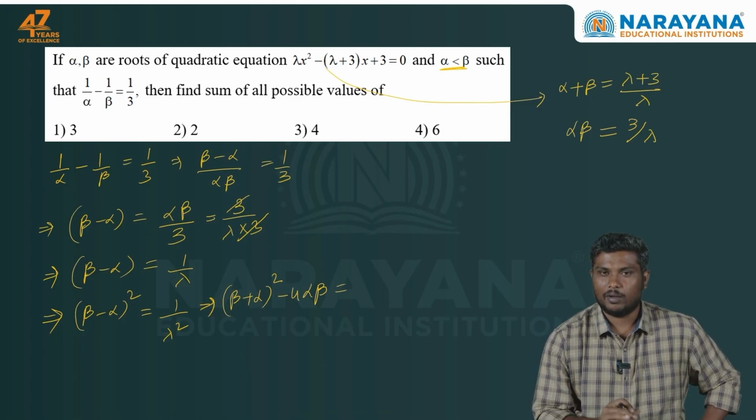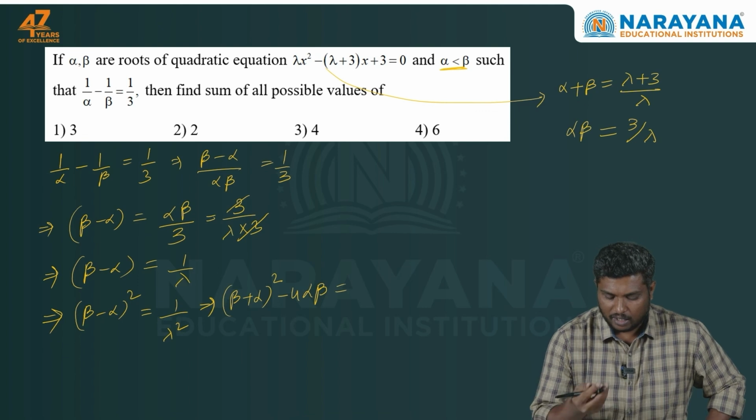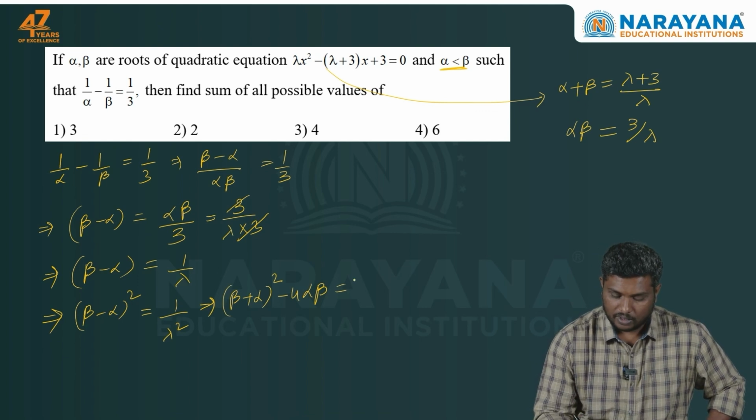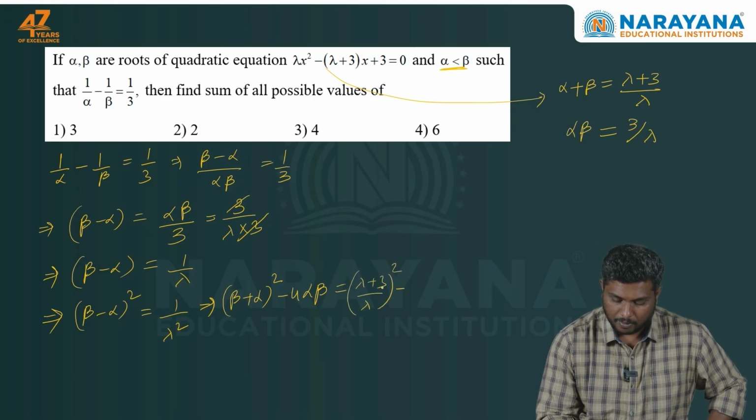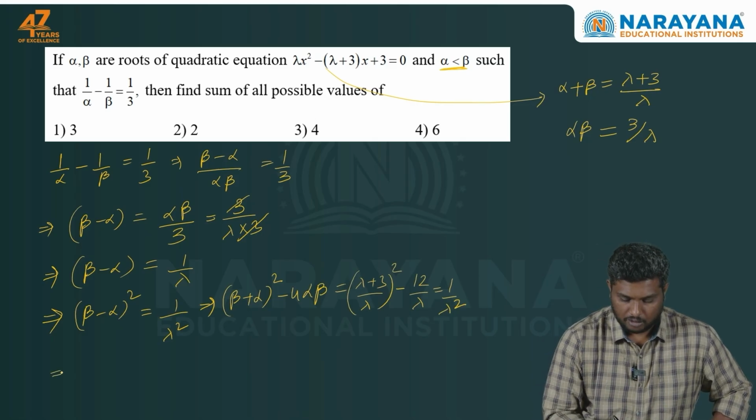Mains questions are again set on the same foundation. If you are able to recall it, you will definitely get the answer. Beta plus alpha whole square is lambda plus 3 by lambda whole square, minus 4 alpha beta is 12 by lambda. Now this is equal to 1 by lambda square. So now if you solve this one, lambda square plus 6 lambda plus 9 minus 12 lambda.